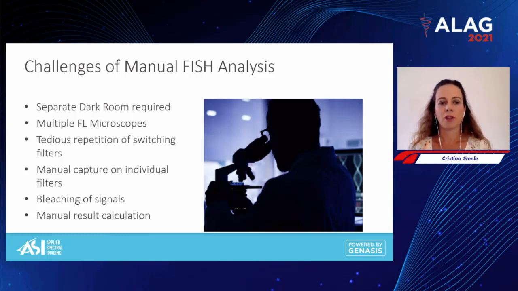And once you've completed your manual analysis, you have to tabulate your percentages for each signal category and figure out if you've exceeded the threshold to result this as positive or negative.